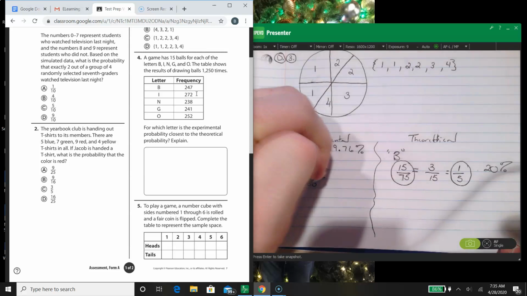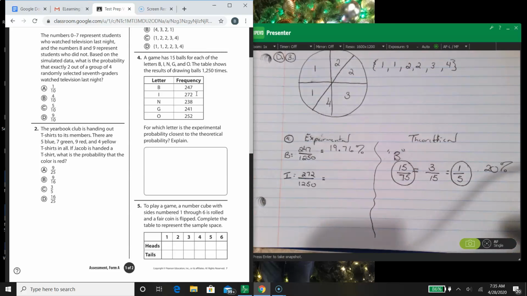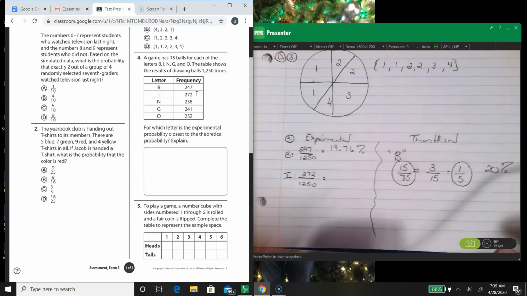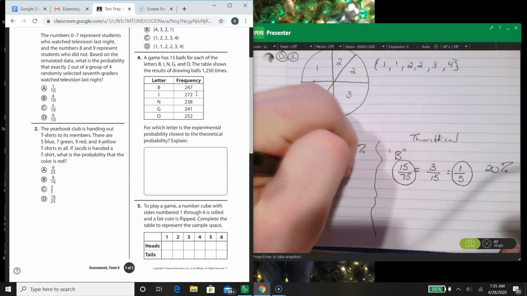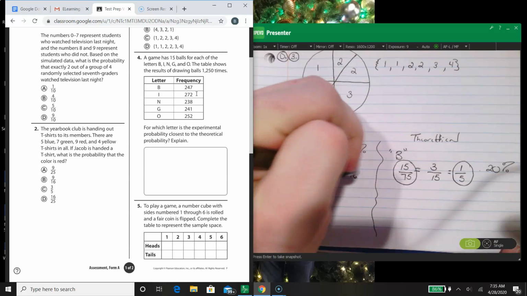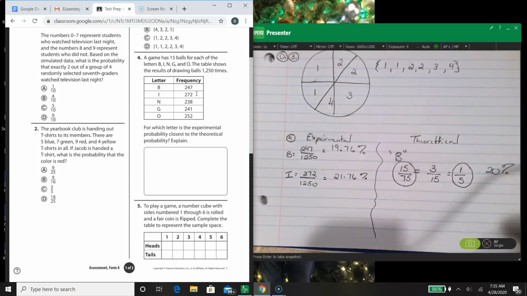And then we do 272 divided by 1,250. All right, this time your percentage comes out to be 21.76%. All right, we're getting closer.